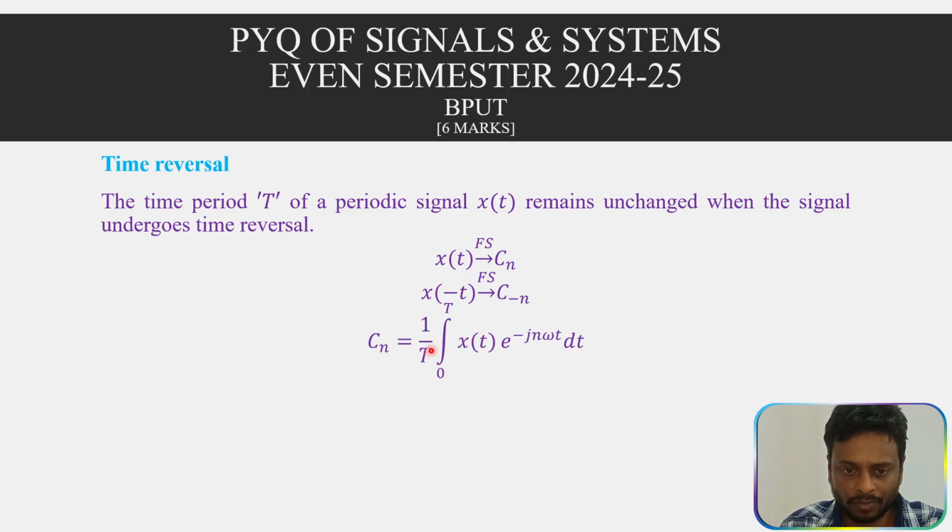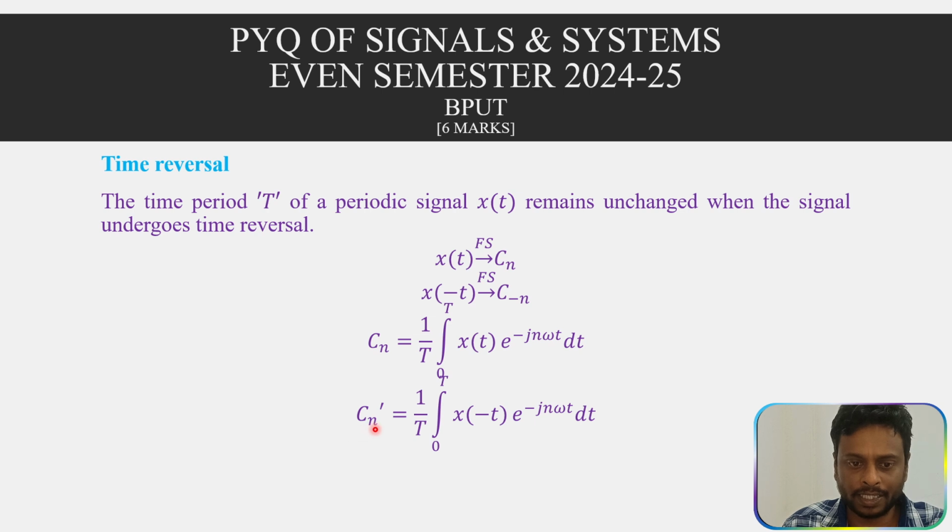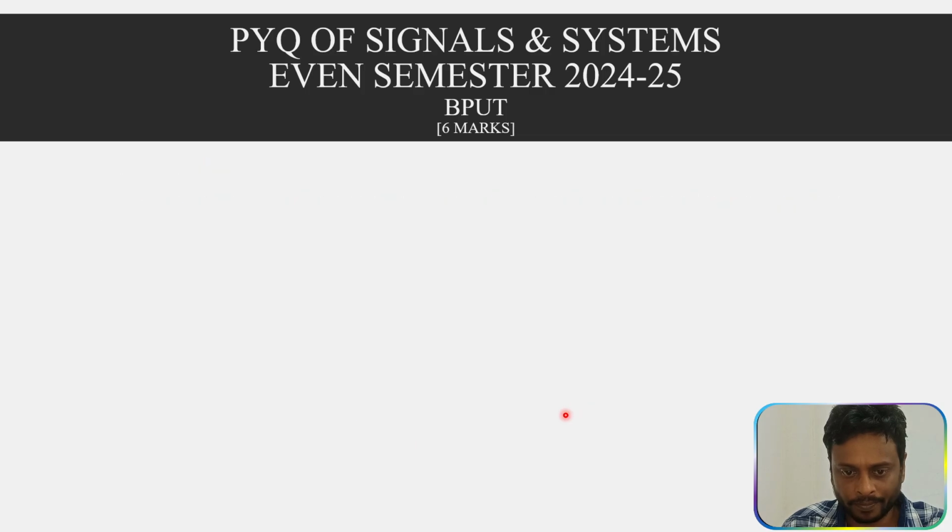So Cn is 1 upon T, integral 0 to T, x of t e to the minus j n omega t dt. Now for x of minus t, we can find the Fourier series coefficient. Suppose it is Cn prime, that will be 1 by T, integral 0 to T, x of minus t e to the power minus j n omega t dt.